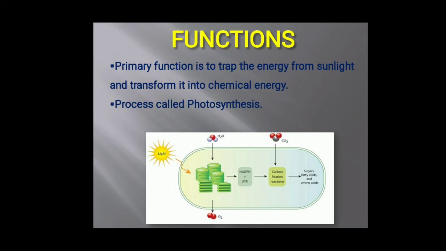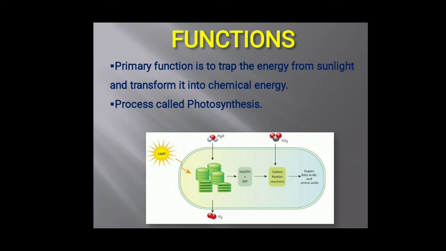In the picture here you can see chloroplasts trapping the sunlight, and with the help of carbon dioxide and water and taking energy, they produce glucose, that is sugars or amino acids or proteins.